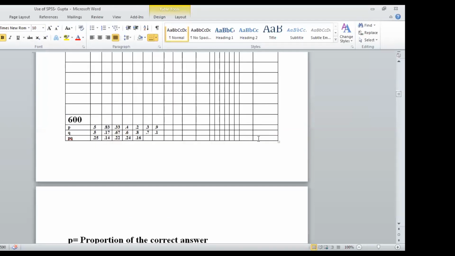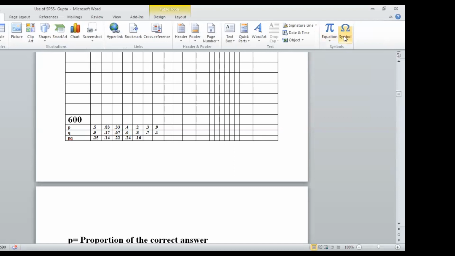And then you can find out the summation of PQ. You can add 0.25, 0.14, 0.22, 0.24, 0.16. You add everything. That comes to sigma PQ.